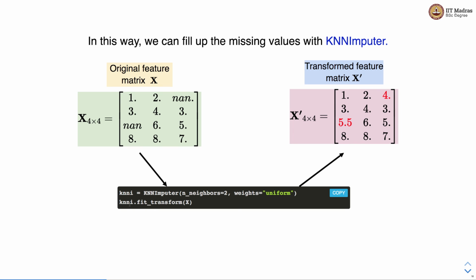Then we call fit_transform. Notice it's fit_transform, because KNNImputer is also a transformer. We pass the original feature matrix and we get a transformed feature matrix like this. We have already seen how this 4 was computed, and you can also see how this 5.5 is computed by doing the same computation that we did in the previous slide.